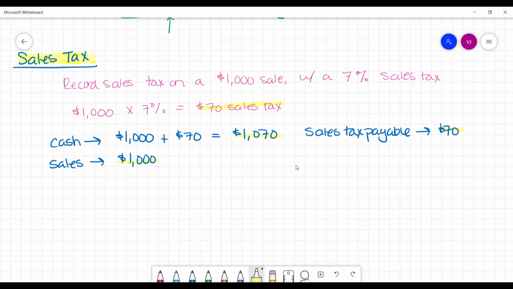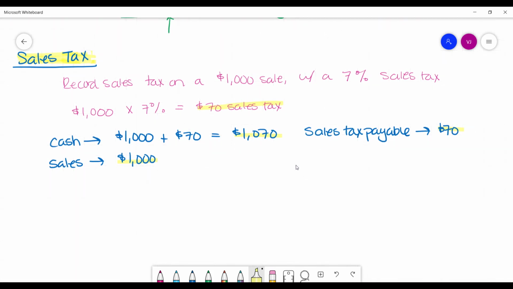So how would we record that sale? You are going to debit cash or accounts receivable, depending on how the sale was made, if it was in cash or on account. You're going to debit cash or accounts receivable for $1,070, because that's how much cash you'd be receiving or how much cash they'll end up paying you at a later date.